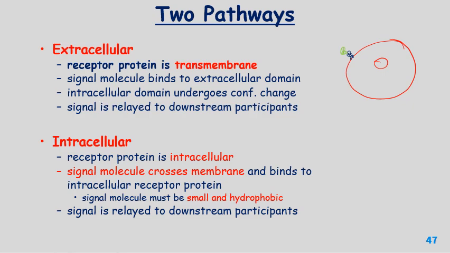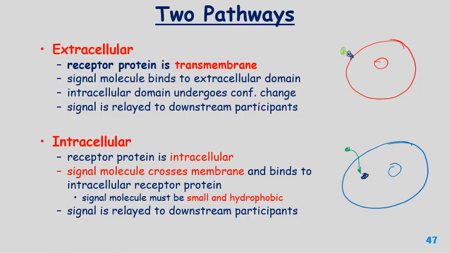And then you have another communication that's called intracellular communication. Now you're going to have a cell, and you're going to have your molecule that gets there, but the receptor now is inside of the cell. So this molecule has to go inside of the cell in order to hit the receptor.